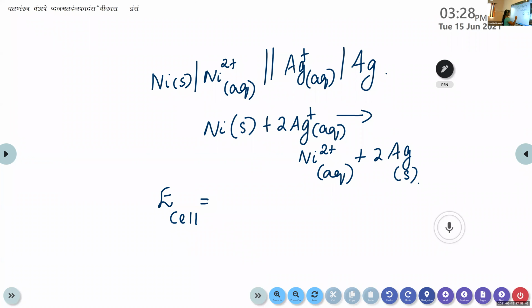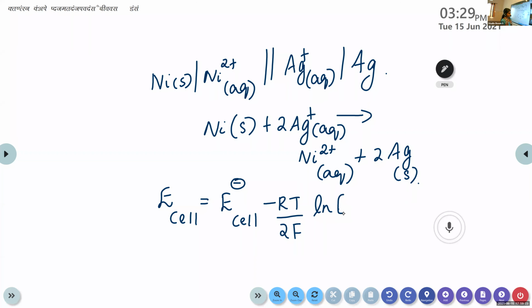RT by, what about the value of N here? N, number of electrons. Here also it's 2. Okay, 2F, then ln of the concentration. Which one will come in the numerator, Ag or Ni?